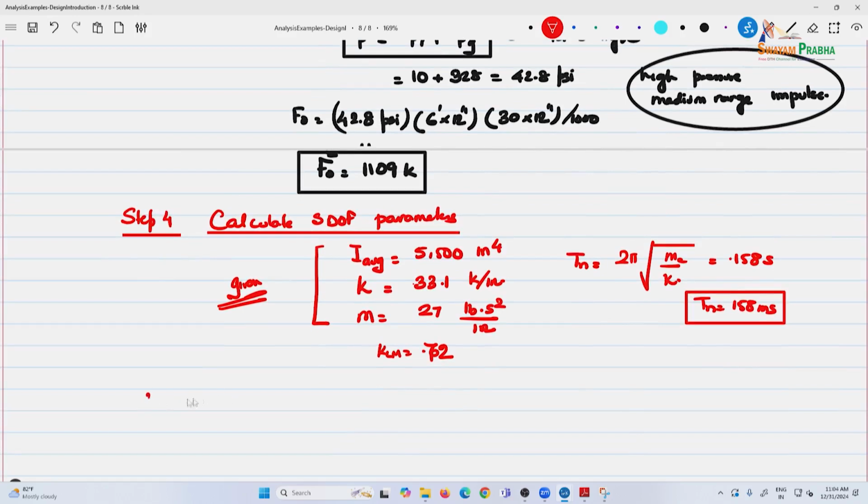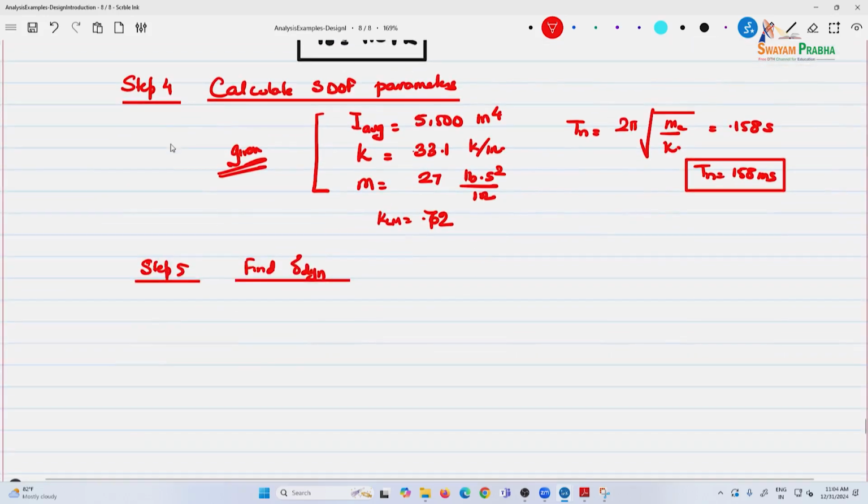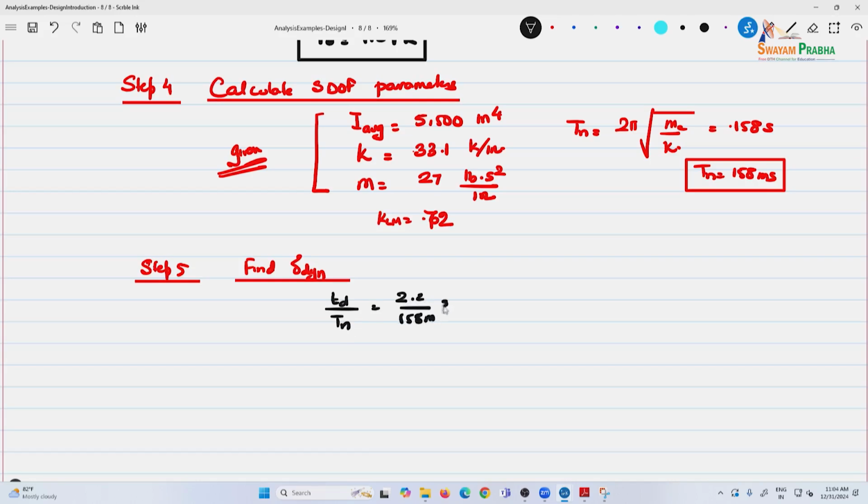Then find delta dynamic as we have done before. Td by Tn is going to be very low. This is 2.2 milliseconds, this is 158 milliseconds, and this is an extremely low number.